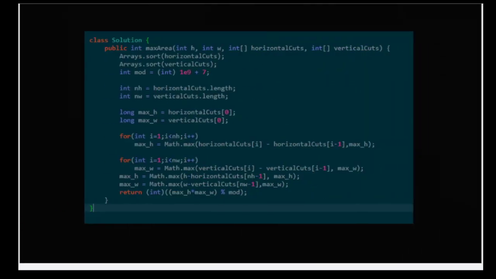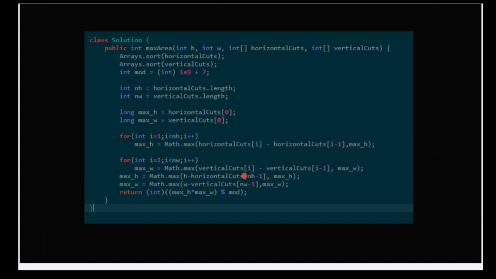Let's look at the solution we have. The solution says sort the arrays, and take the modulo. We'll check the iterative approach. First we'll take the max of h and max of w as the 0th position. We'll find the maximum over each and every consecutive element difference, keeping a check to take the maximum of the difference or the already existing maximum.